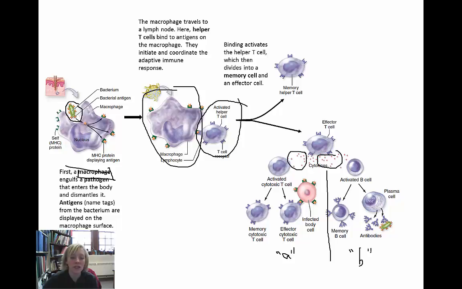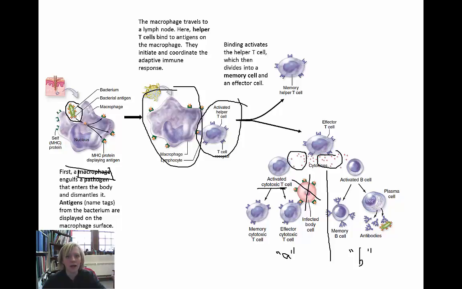And so as you're watching this, review your notes and you'll be able to track each of these steps in the process. So on the one side, in this A response, what we see is the development of cytotoxic T cells. This is the building of that T cell army. So we crank out a bunch of these cytotoxic T cells, and when I hear toxic, I think chemical, right? So these cytotoxic T cells send out chemicals to destroy any of our body cells that have been infected by the bacterium.